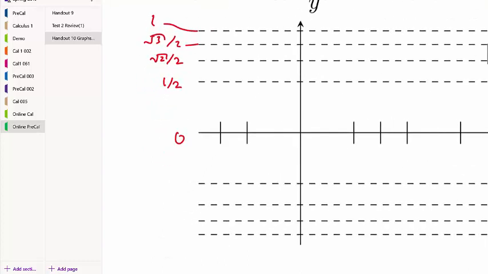Let me zoom in a little bit more, make sure I have enough space. Negative 1/2, negative root 2 over 2, negative root 3 over 2, and then negative 1.